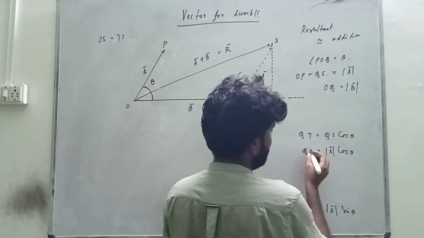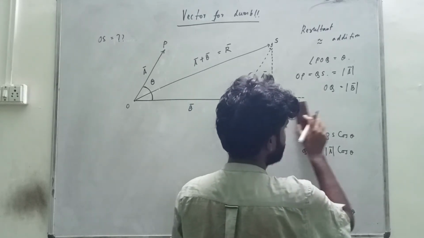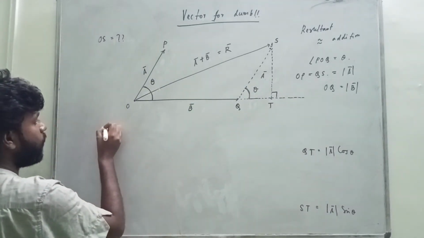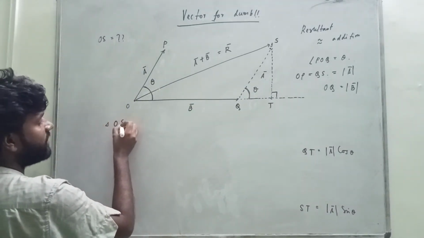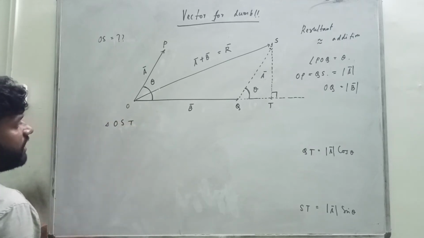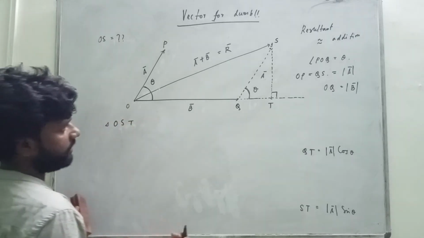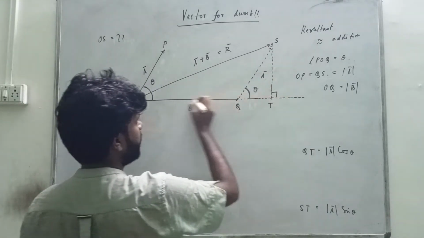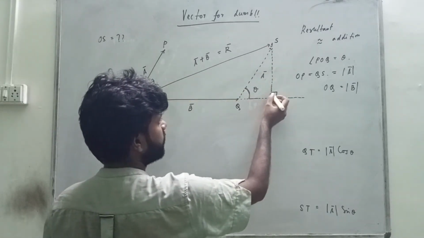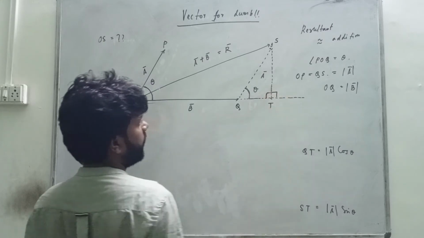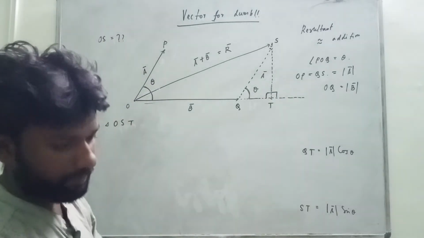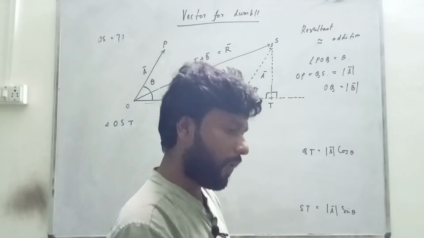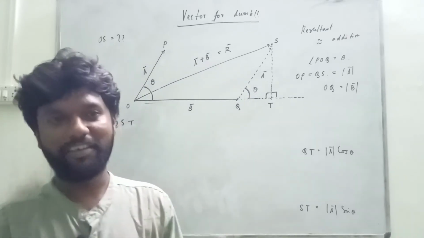Okay. Now just think of triangle OST. It is a right angle triangle, first of all. And obviously the Pythagoras theorem holds for this right angle triangle.